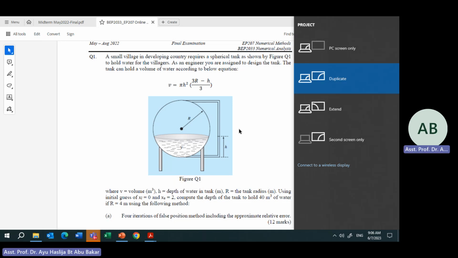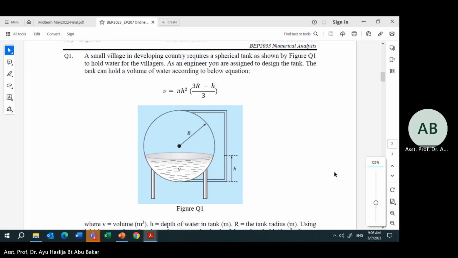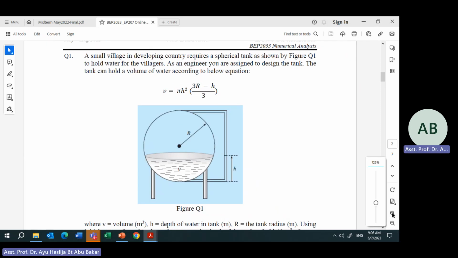Okay, let's try this. This is from May 2022, final exam question. Can you see or not? Yeah, I make it larger.